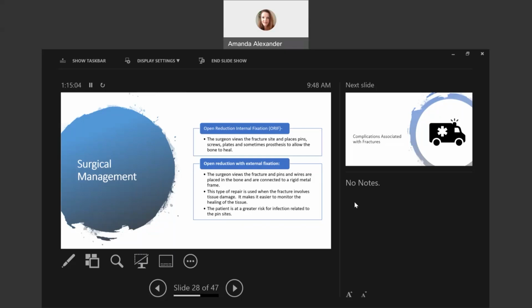When we're considering the most common type of reduction for immobilizing a fracture, it's usually going to be the open reduction with internal fixation. So instead of having the pins and everything exposed to where you can see them, they're actually going to put the metal device within the bone structure and then close the skin back up.